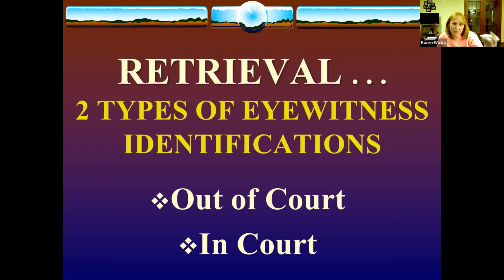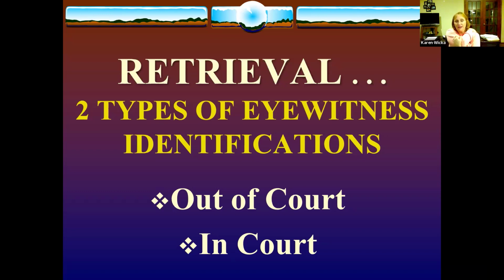We can't pull these memories out and have them be exactly a video camera of what we saw. So when we pull them out, there can be errors from that also. The memories could have been altered when they are pulled out. They can be suggestive, things like that. Now, when we're talking about retrieval in the court process, there's two different types of retrieval.